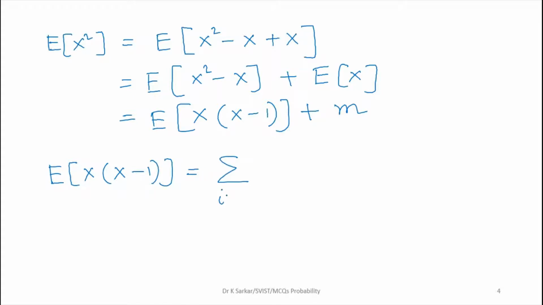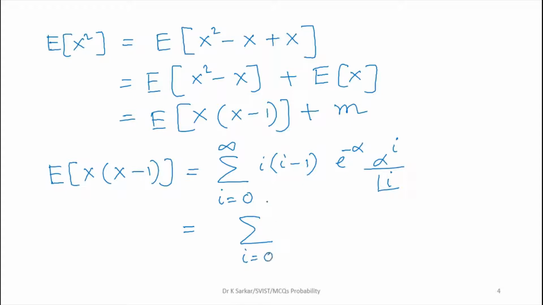Expectation of x into x minus 1 is sum from i equals 0 to infinity i into i minus 1 e power minus alpha, alpha power i by factorial i. Here alpha is the parameter of the Poisson variate. This factorial i can be written as i into i minus 1 into factorial i minus 2.